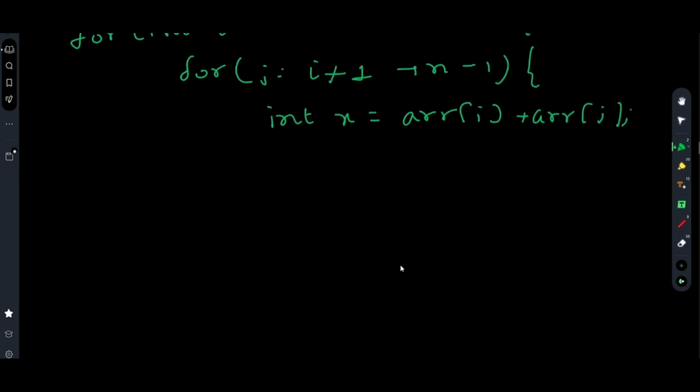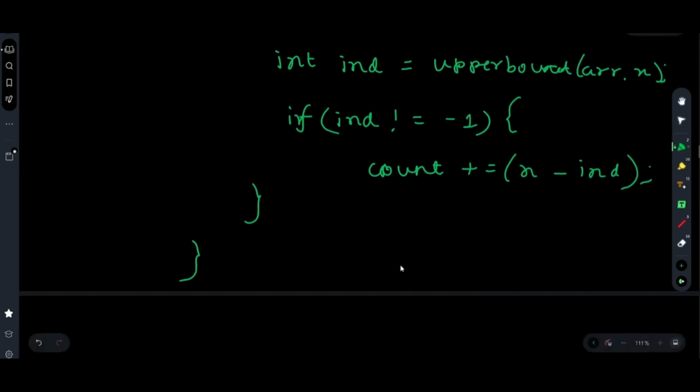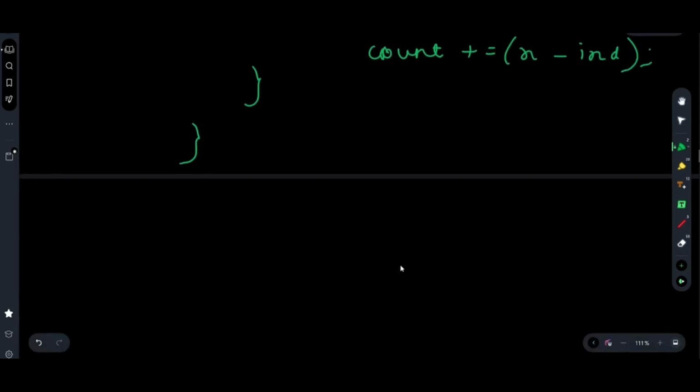You will find out the upper bound, the first element which is greater than this value, index equals upper bound. And you will simply do, if ind not equals -1, count plus equals n minus index. This is the algorithm. In the end you will return count.